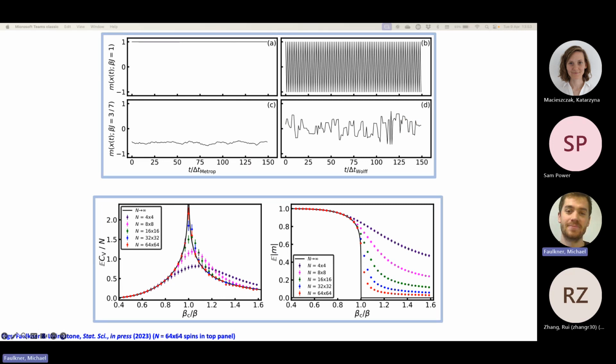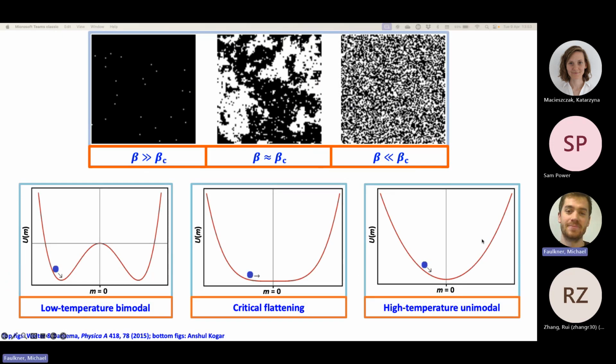But basically, this is actually the more foundational reason as to why these cluster algorithms were developed. I explained to you that when you're at the transition and this critical slowing down happens, you get these large clusters of correlating spins.